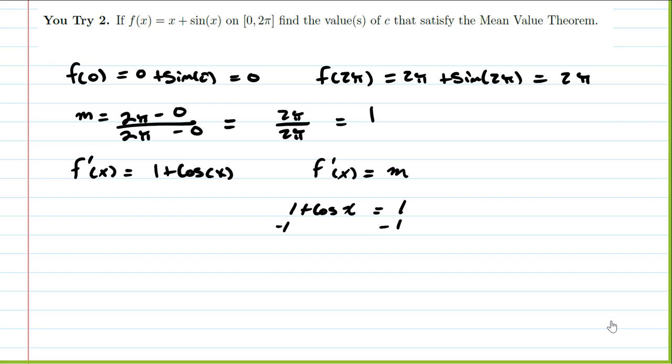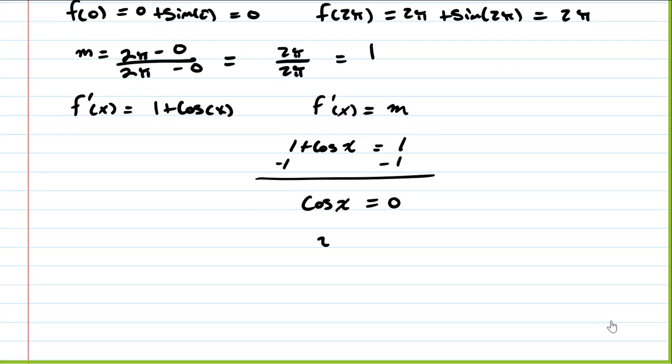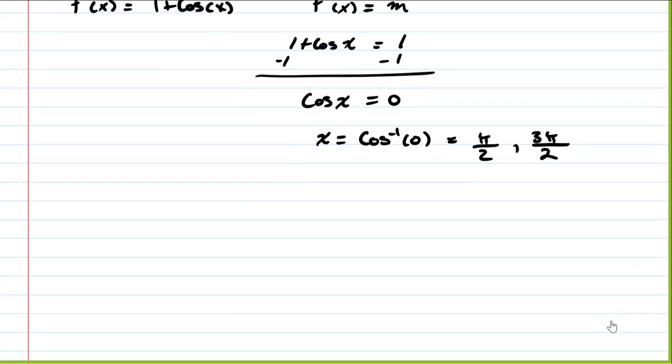So we minus 1, we minus 1, and we get cosine x is equal to 0. We take our inverse cosine, and the inverse cosine of 0 is pi over 2 and 3 pi over 2. So those would be our two values of c.